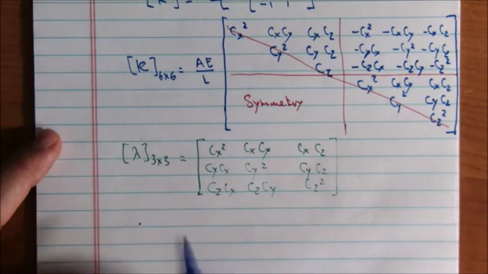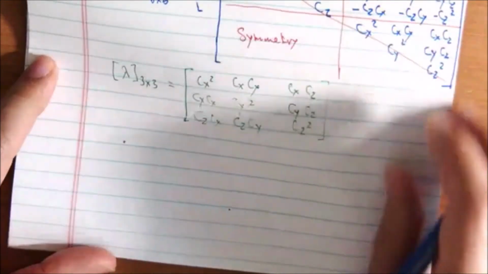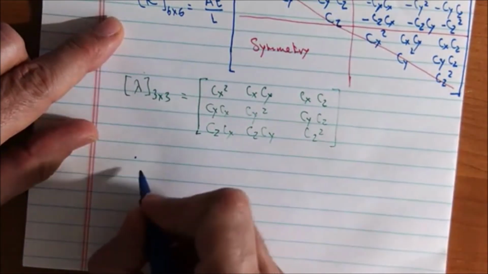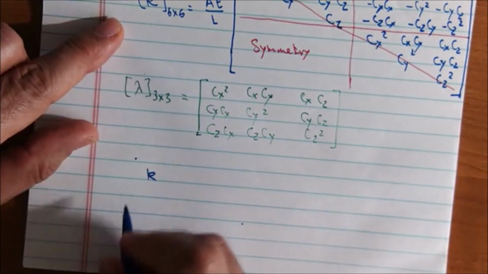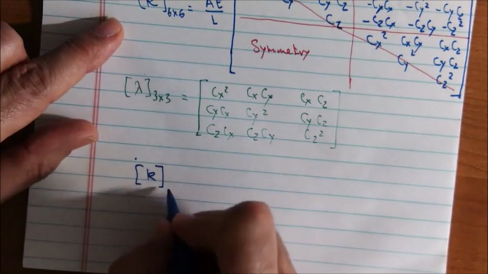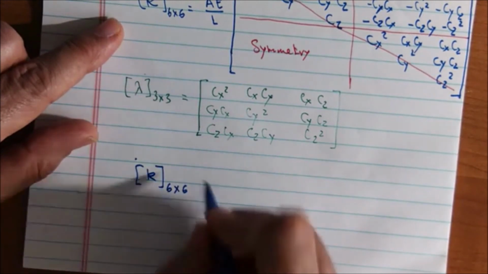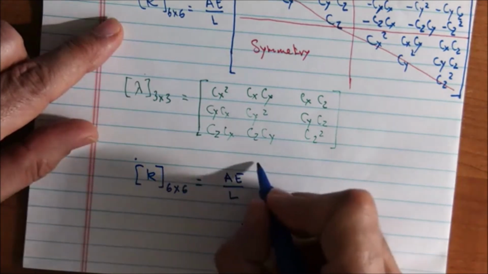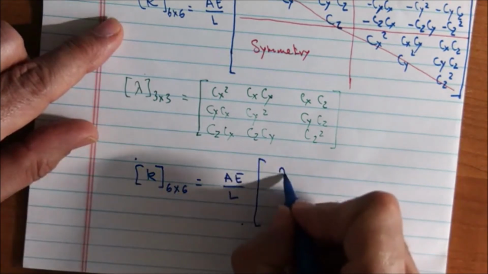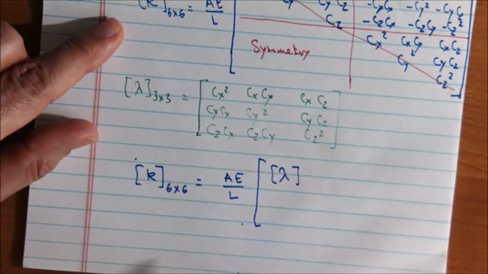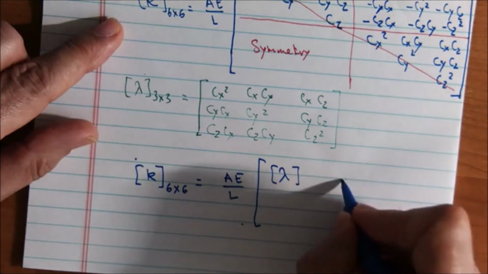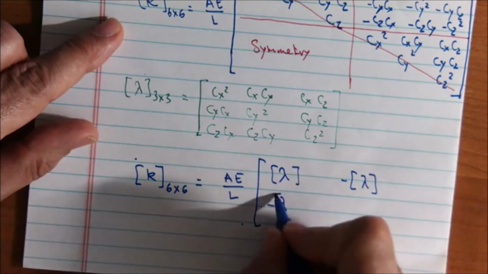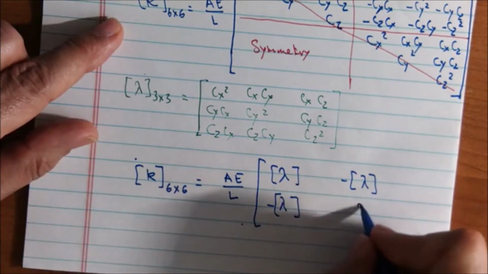And I can say that my element stiffness matrix with respect to the global axis, K, this 6 by 6 matrix, may be described as equal to A E over L multiplied by lambda, minus lambda, minus lambda, and lambda.